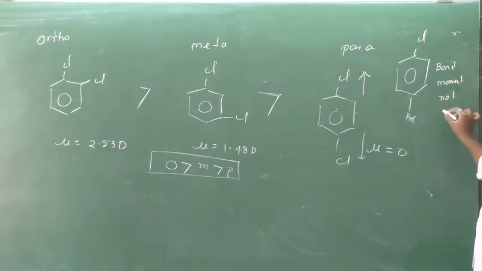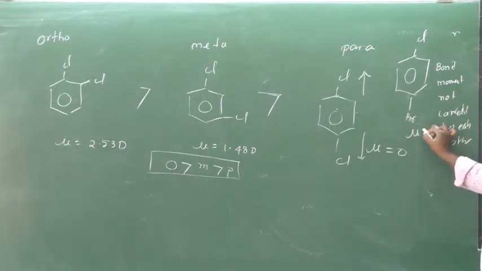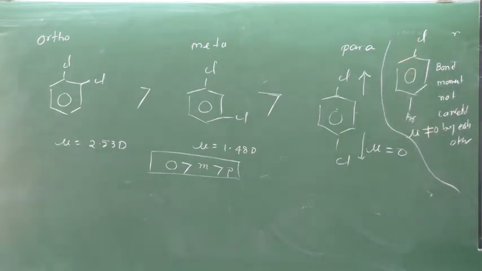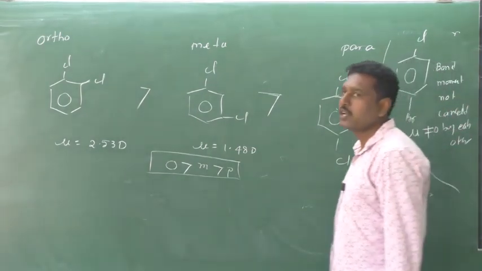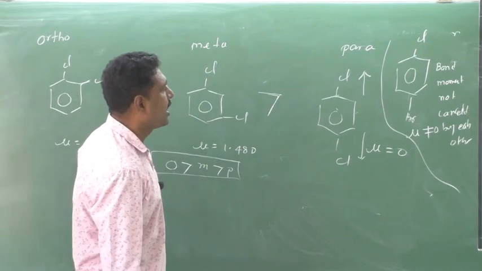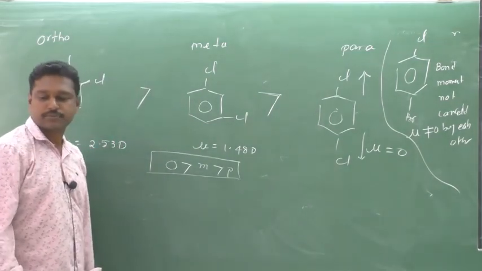Therefore, mu is not equal to 0. In the case of 1-chloro-4-bromobenzene, it has a dipole moment.